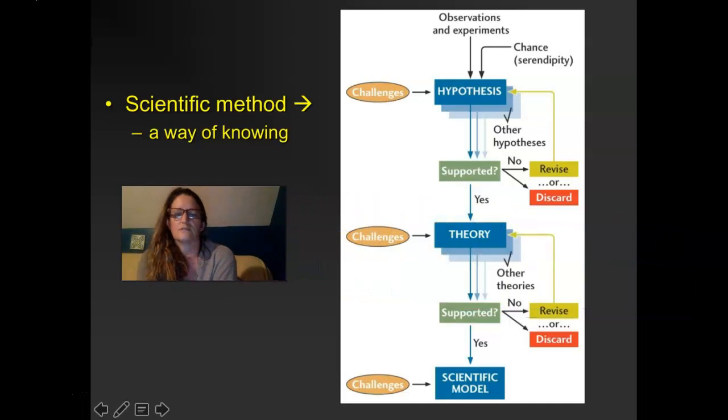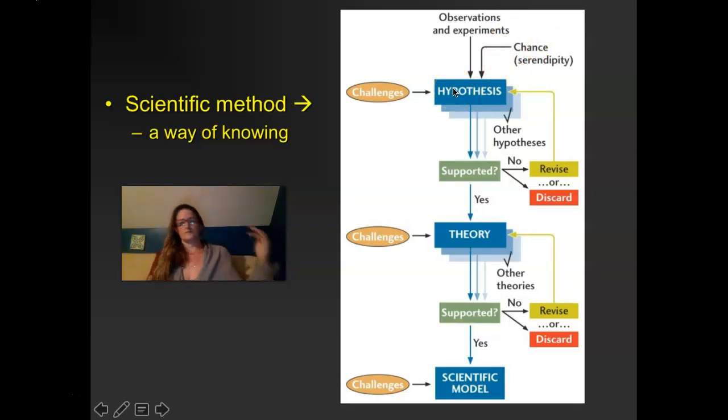All right, so here's our scientific method, or our way of knowing things. So we observe. Sometimes there is a chance discovery, and we would call that serendipity, which is nice. But usually we're going to make planned observations and experiments, and then we'll come up with a hypothesis.